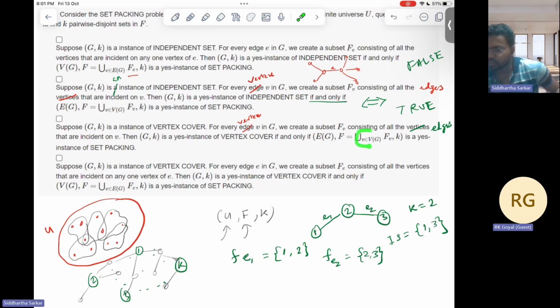You are confused because of this union symbol. F is a set of different sets. It should better be written differently; let me give a thought to how it should be written.